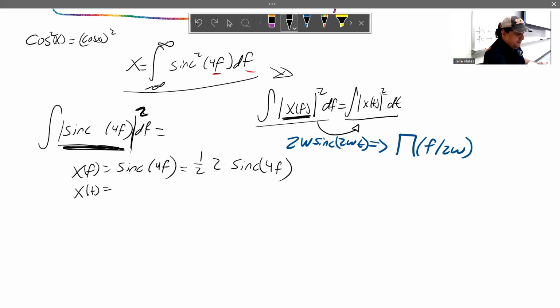We have the f in the numerator already, which is what we want. So this also becomes 1/2 times 2 sinc 4f over 2W, but the W we're going to let be equal to 4.